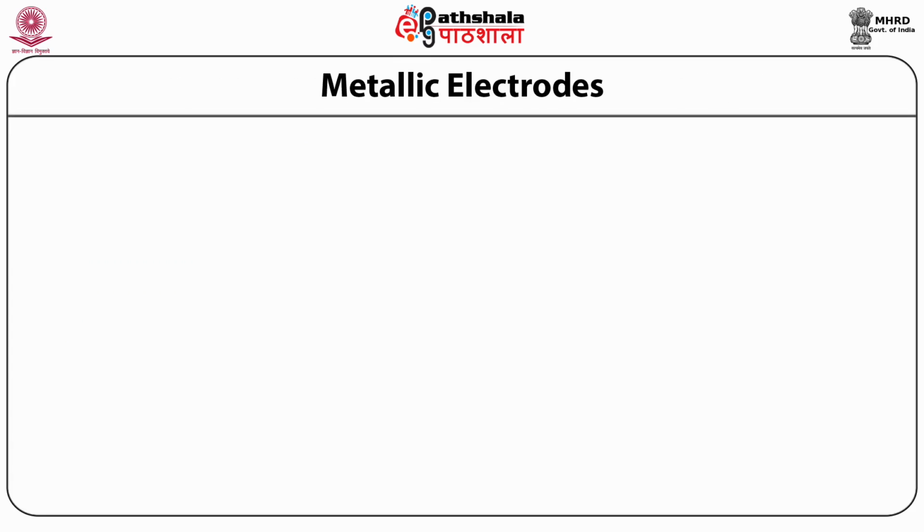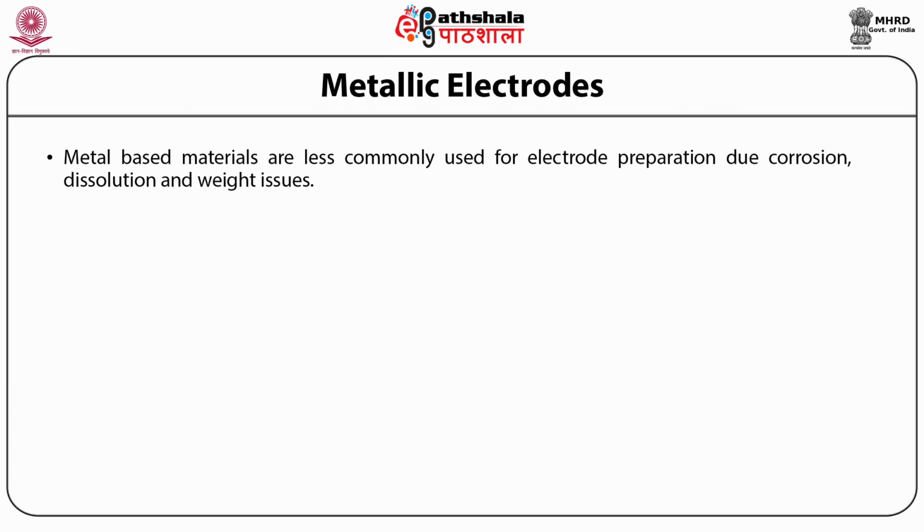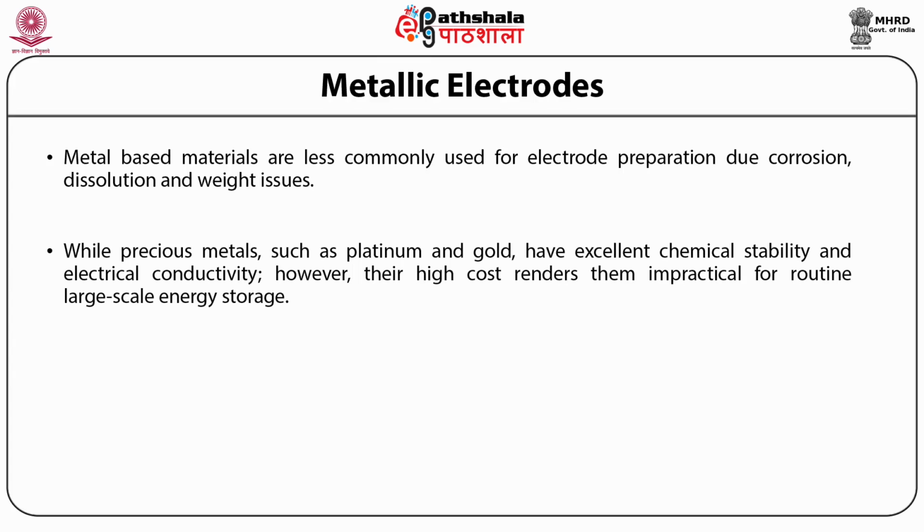Metallic electrodes. Metal-based materials are less commonly used for electrode preparation due to certain shortcomings. These are corrosion, dissolution, and weight issues. While precious metals such as platinum and gold have excellent chemical stability and electrical conductivity, their high cost renders them impractical for routine large-scale energy storage.